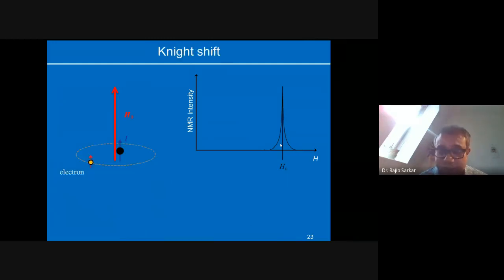Now, what you are doing, as I told you, is that you have hyperfine interactions, yeah? And then the electron produces some kind of additional field at the nuclear site, in addition to the external field. As soon as you do it, your Zeeman Hamiltonian becomes not only this H0, which is the static external field, but also an additional field, the delta H. And that delta H gives you a shift of your line.